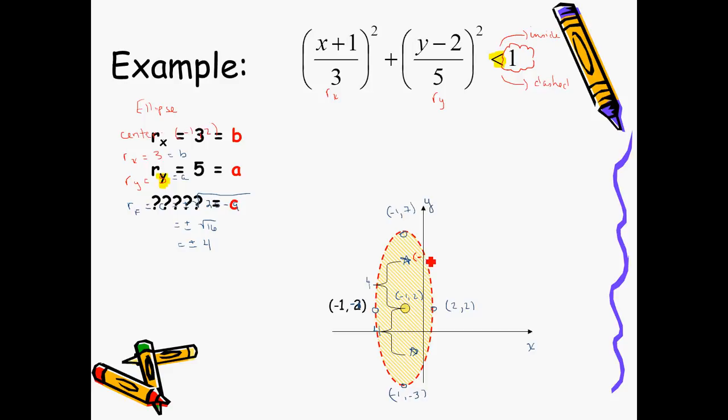Keep the x-coordinate the same because you're going up and down, so that's negative 1. 2 plus 4 is 6, and that better be smaller than 7 to stay inside the ellipse. This focal point is negative 1, comma, 2 minus 4, which is negative 2, which better be before negative 3, so that my focal point stays inside the ellipse.